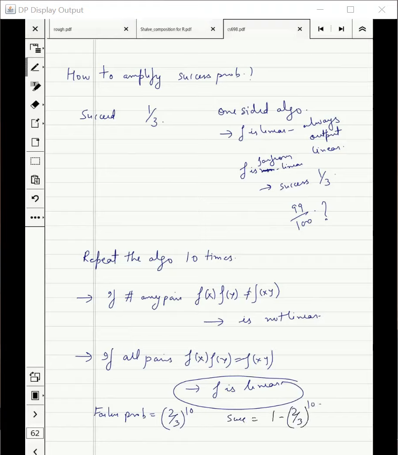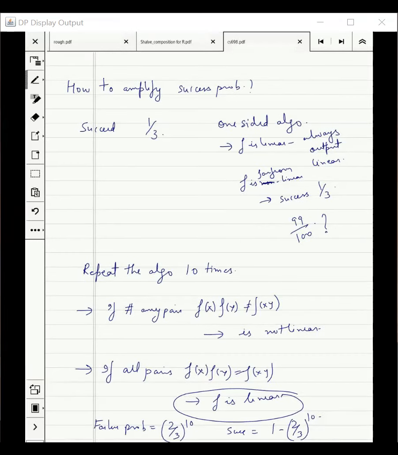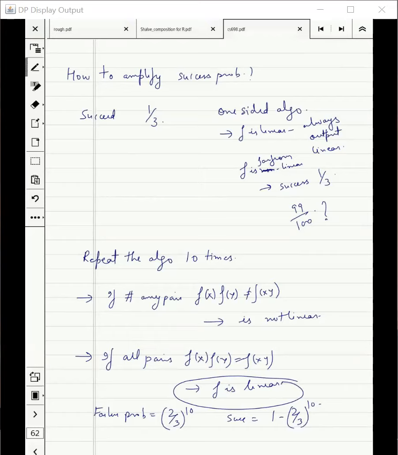And you see how small this is, right? You can calculate. Let me just do it in a calculator and I will tell you.